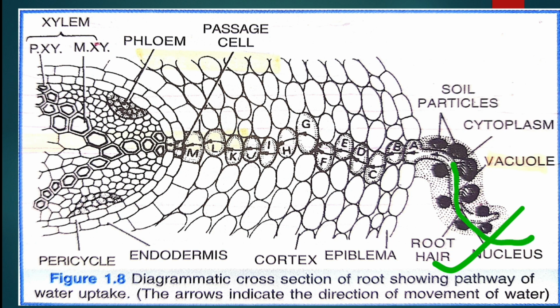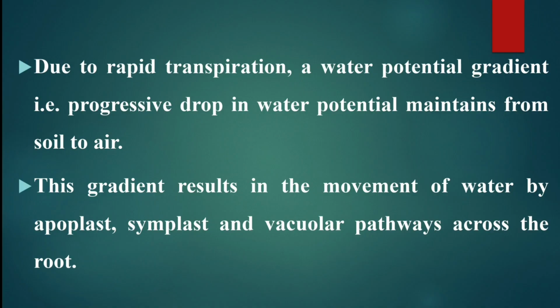Through the root hair it will enter like this and finally reach the xylem. Due to rapid transpiration, a water potential gradient, that is a progressive drop in water potential, is maintained from soil to air. This gradient results in the movement of water by the apoplast, symplast or vacuolar pathway across the root.